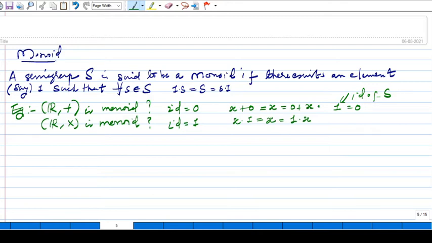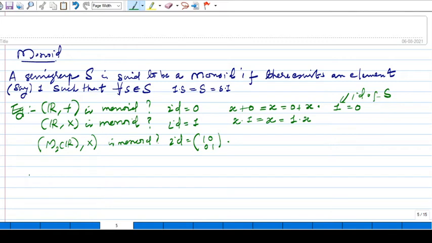Also the non-commutative semigroup of matrices with the usual multiplication is a monoid. The identity element is the usual identity matrix.